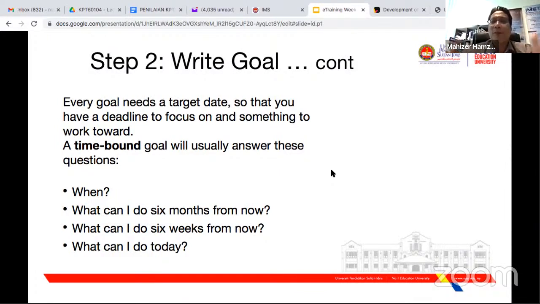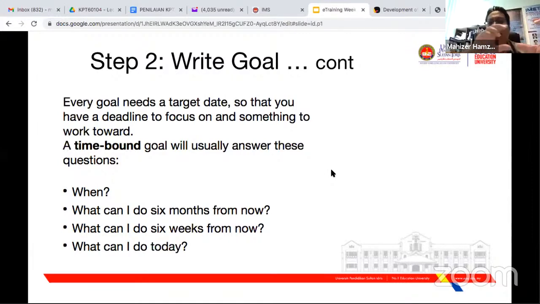For example, for the e-training that I mentioned just now, we have two types of training. Sometimes we use the modular base or we set the time for the training. Depends. Kalau modular base ni, sometimes in e-training you can use a type of modular where the trainee, once they pass unit 1, only then can go to the second unit.